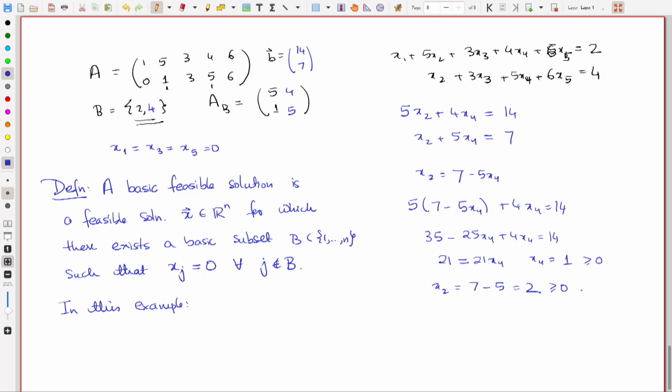So, x 1, x 3 and x 5 have to be 0, and then the others you solve in terms of these, and what you got is x 2 is 2, x 4 is 1, is a basic feasible solution.